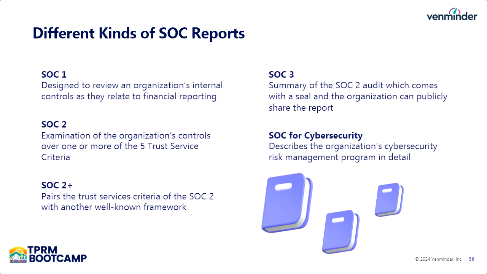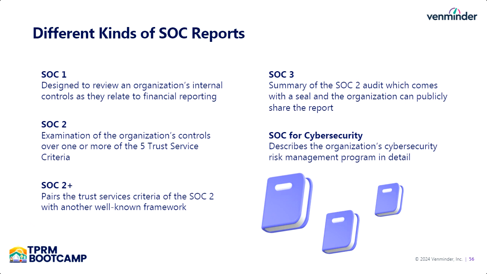So there are a handful of different kinds of SOC reports. Our SOC webinar gets really more in depth into each of these different types and when you would see them. For the purposes of this boot camp, I'm just going to do a quick brief overview. SOC 1s and SOC 2s are going to be the SOCs that you primarily see. A SOC 1 is designed to review an organization's internal controls as they relate to financial reporting. And a SOC 2 examines the organization's controls over one or more of 5 trust service criteria.